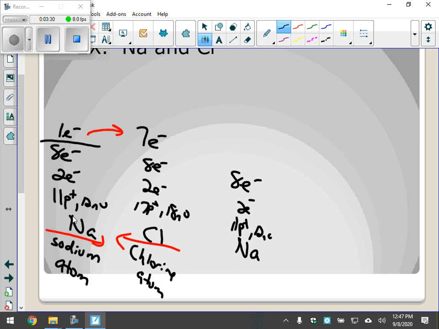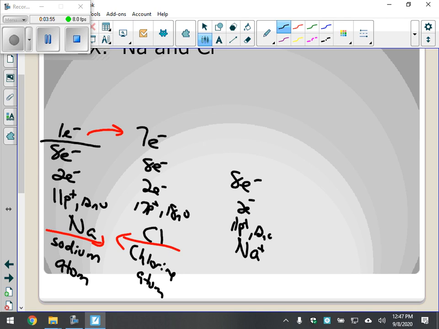But what's the overall charge now on sodium here? Don't all answer at once. It's okay. The overall charge here, get a calculator if you're confused. 11 positives, 10 negatives. What's the overall charge? Huh? Nope. +1, okay? So +1, yes?